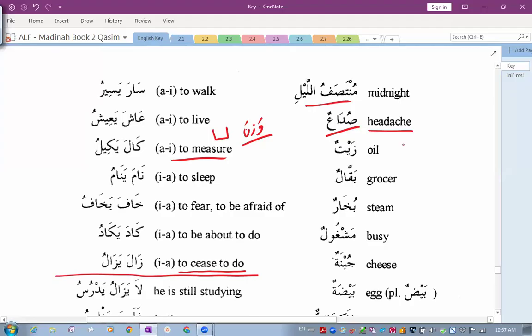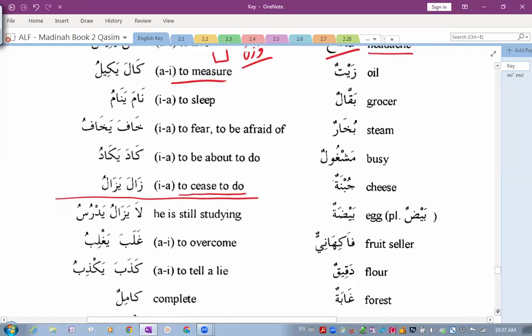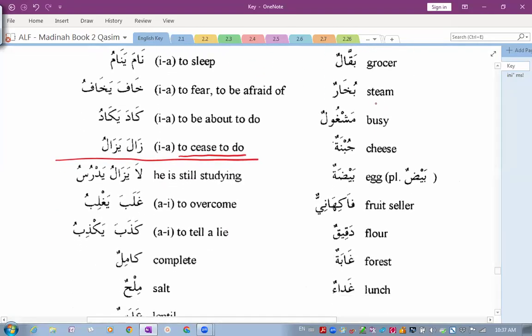Sada yasda'u is to have a headache, and then suda'un from there, headache. Zaytun, oil. Baqqalun, grocer. Bukharun, steam. In Urdu, we use bukhar normally for temperature, but bukhar actually means steam. Mashghulun, busy. Jubnatun, cheese.